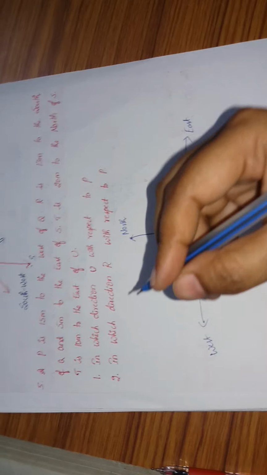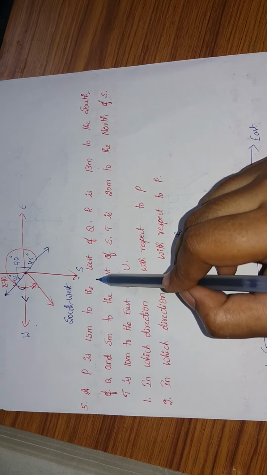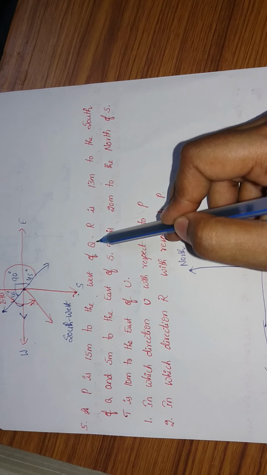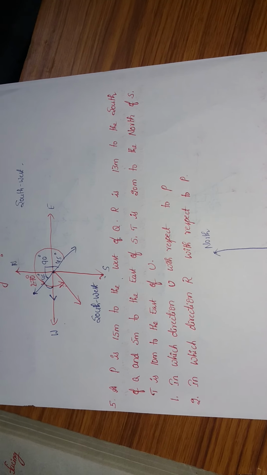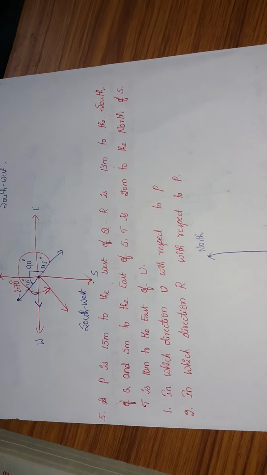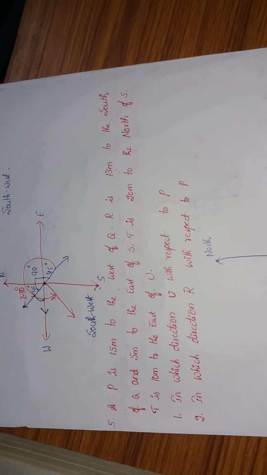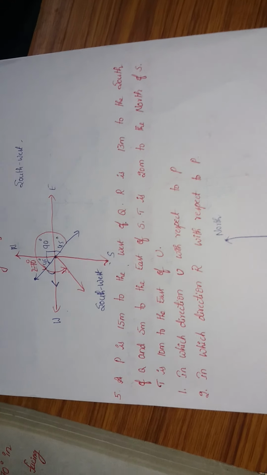First one: P is 15 meters to the west of Q. So the distance between P and Q is 15 meters.